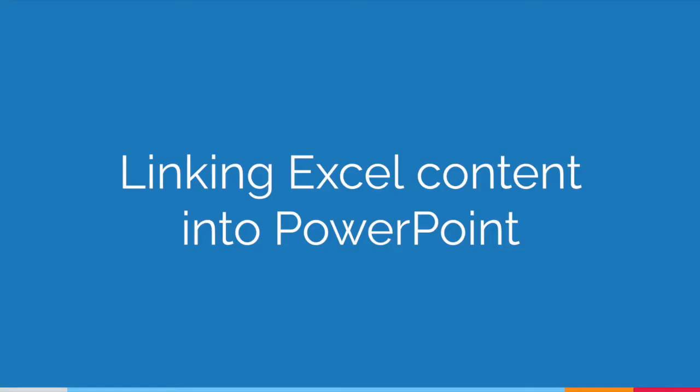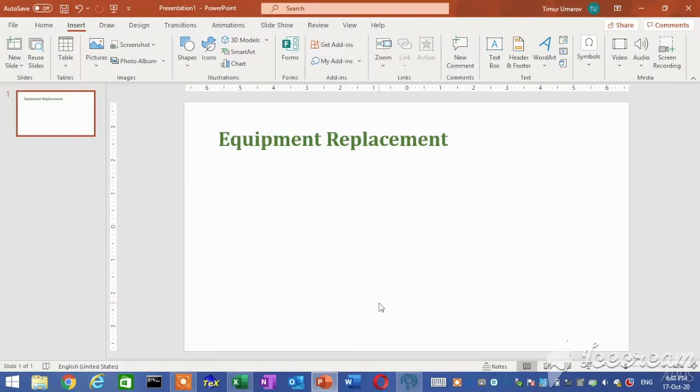Linking Excel content into PowerPoint. Now let's embed the content so it does update. Now we're going to learn how to link. Go to the Insert tab, Text group, and click Object.